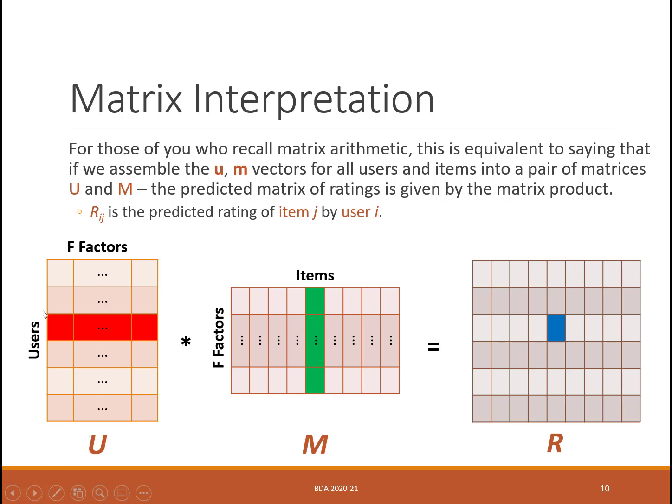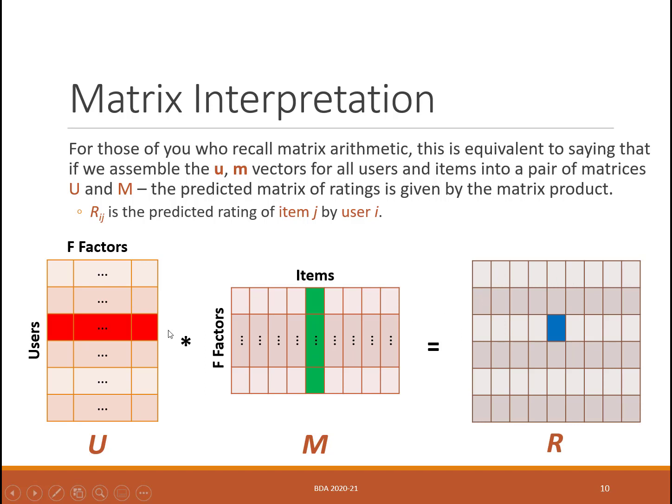Each row in this matrix corresponds to a given user. Matrix capital M determines factor vectors for all items. Each column in this matrix corresponds to a given item. If we multiply these two matrices, the result matrix R determines the predicted ratings.